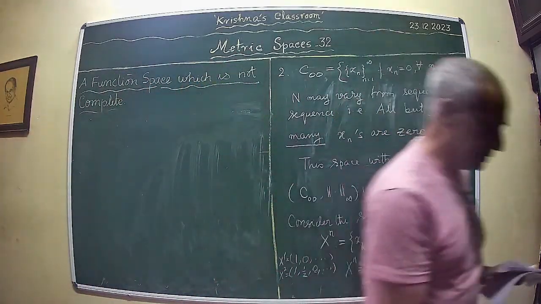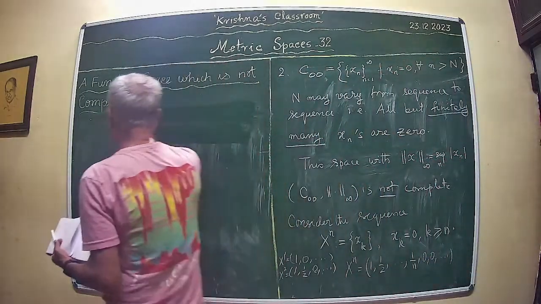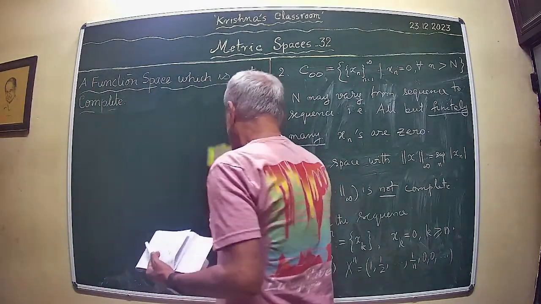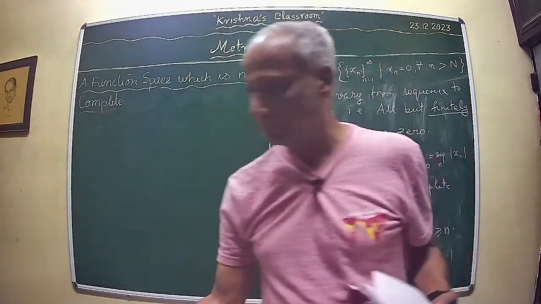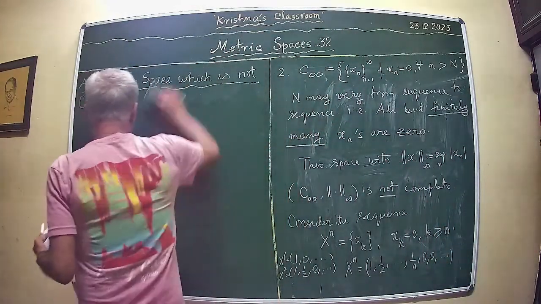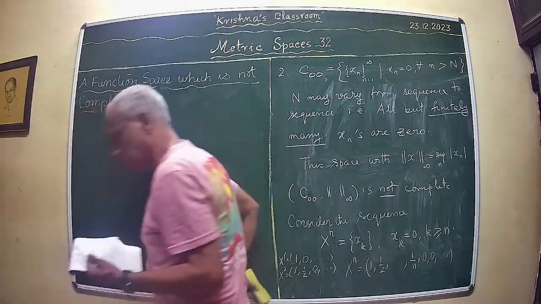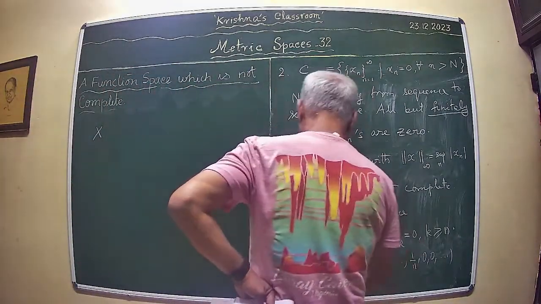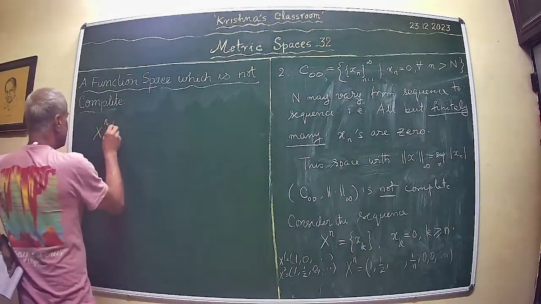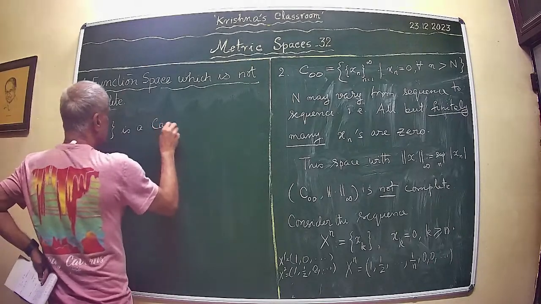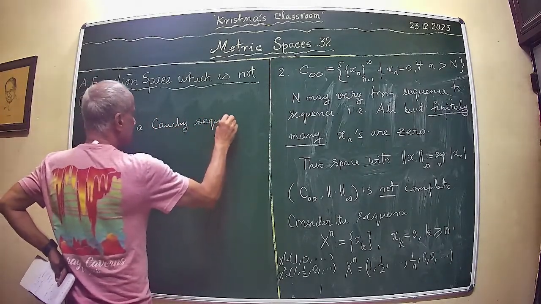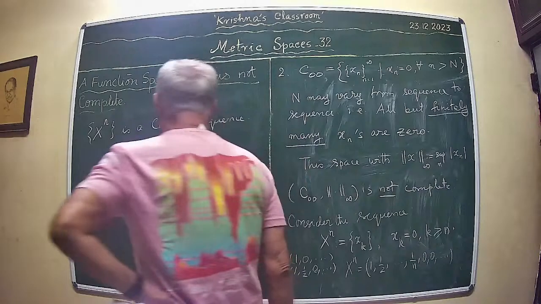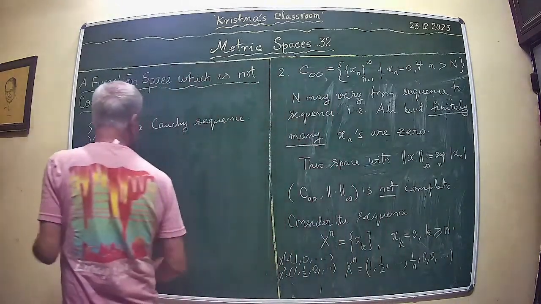Now note that xn is a Cauchy sequence. That's quite easy to see. You estimate the norm of xn minus xm.